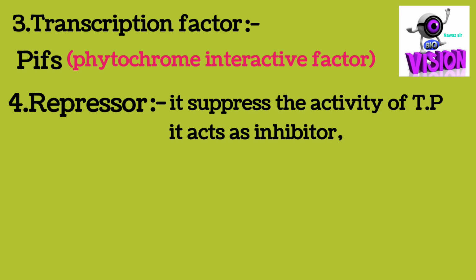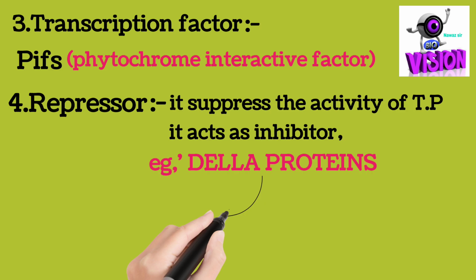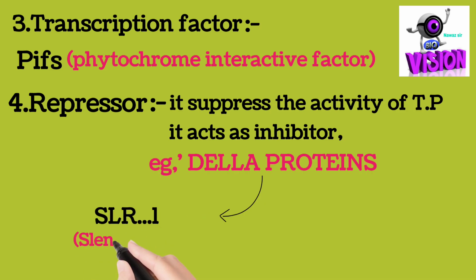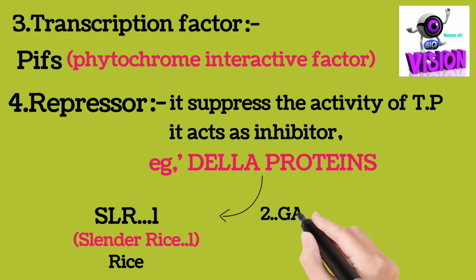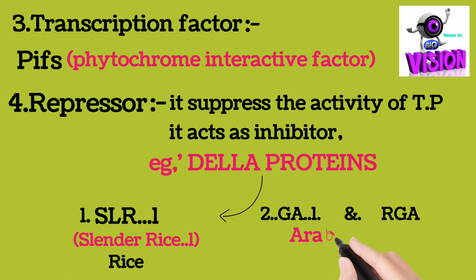The repressors used in the whole process are known as DELLA proteins. These DELLA proteins have two important types used in different species: SLR1, slender rice 1 protein, in rice, and GAI and RGA, which are two different types of DELLA proteins found in Arabidopsis.